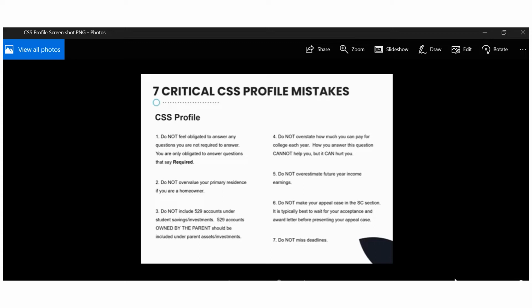Every school on the CSS profile is going to follow up with each student and ask you to actually send copies of your W-2, to send copies of your tax return and additional documents. So they're going to see everything. So if a question is not required, you do not need to answer it.